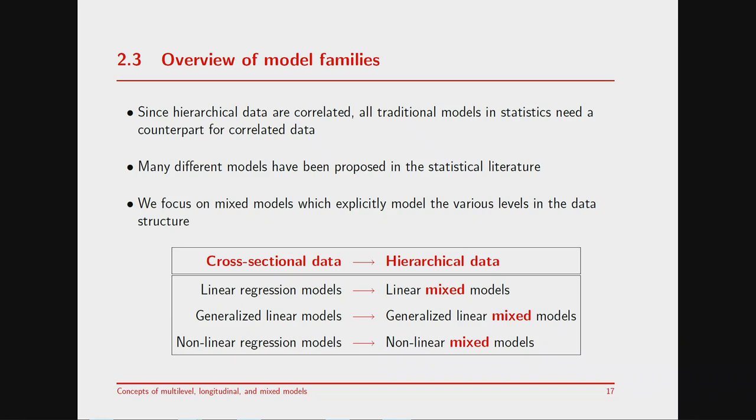Generalized linear models, such as Poisson regression, logistic regression, that now needs to be extended to correlated data, and then we talk about generalized linear mixed models. And then the same for the nonlinear regression models, they need to be extended to nonlinear mixed models.